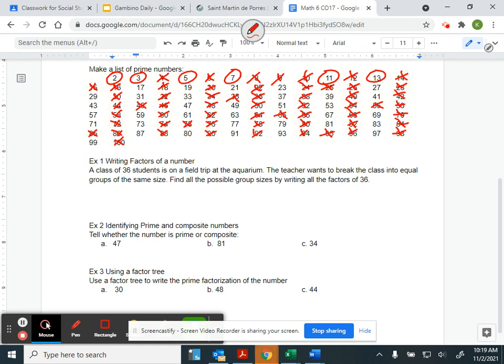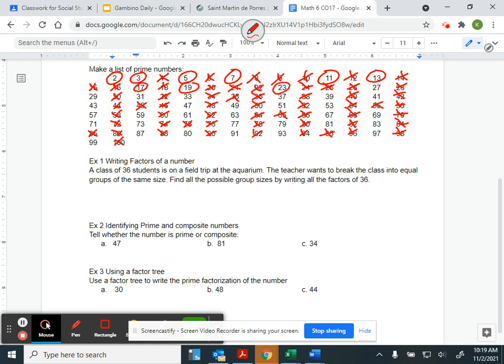All right, we just narrowed down our list to work on for primes. 17, just 1 times 17. 19 is just 1 times 19. What about 21? Penelope? Or Brielle? 3 times 7, so it is not prime. 23 is a prime.